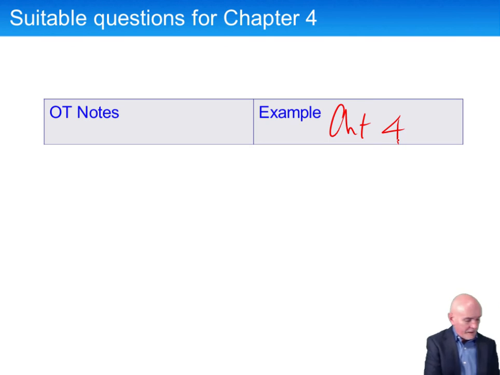Some of you, if you have the Kaplan book, there is an older question at the moment in the Kaplan book, which is called the Great Western Cake Company. It's from June 06.